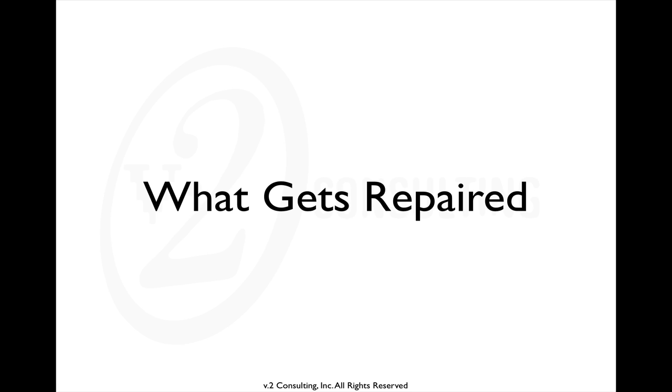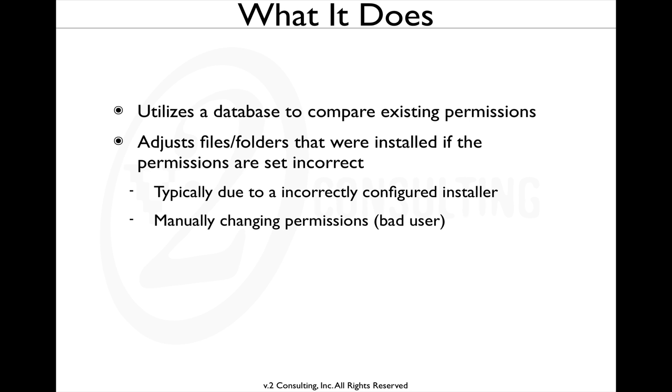So first off, what gets repaired? RepairPermissions uses a database to compare the existing permissions of files and folders on your computer to what those permissions should have been set to at the time they were installed. They must be installed via an installer, and RepairPermissions will never repair any file or folder that you create.